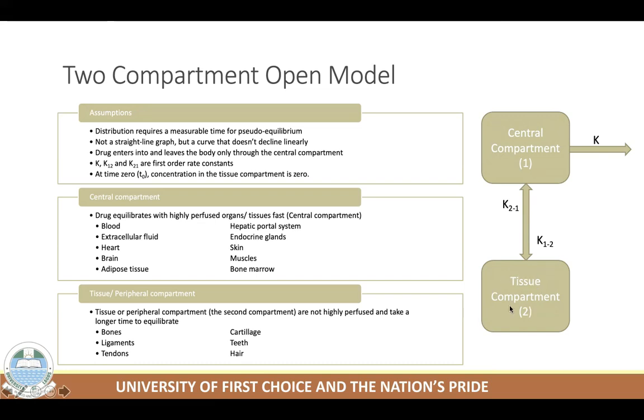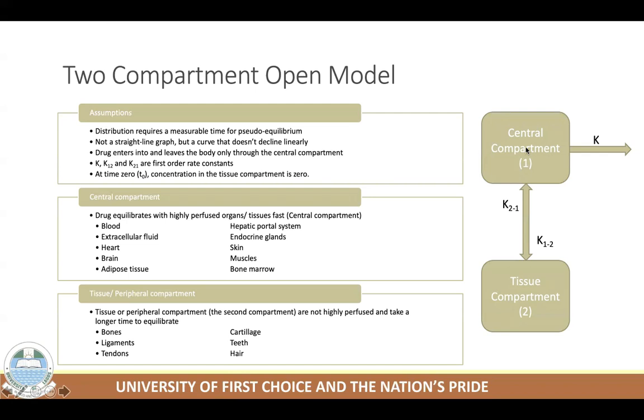But note that as molecules are moving into tissue compartment 2, their movement is still disorderly. So some of those molecules will still move back into compartment 1. That is described as rate K2 to 1, the rate of movement of molecules from 2 to 1.